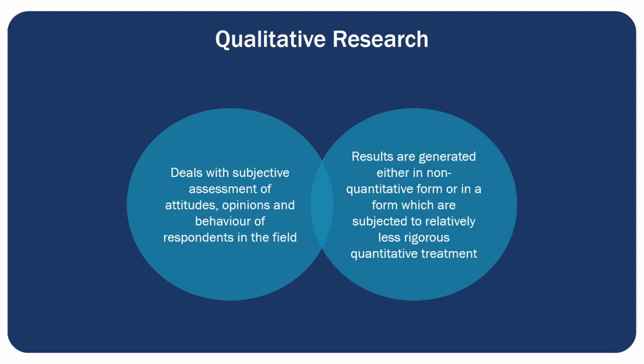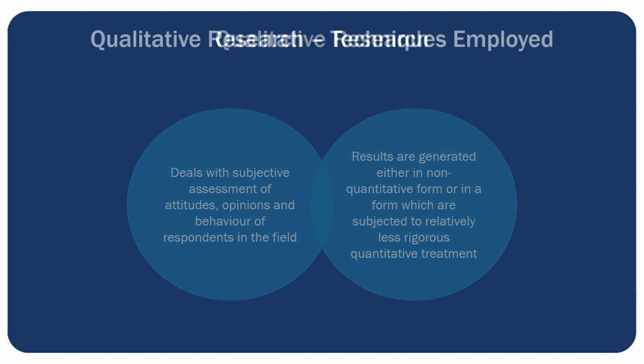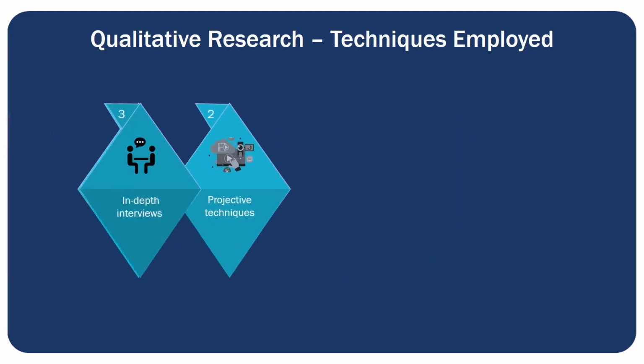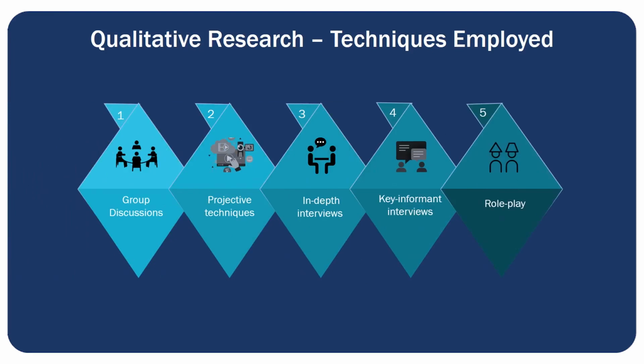Results are generally in non-quantitative form, or in a form subjected to less rigorous quantitative treatment. In qualitative research, many different techniques like group discussions, projective techniques, in-depth interviews, key informant interviews or role play can be used.